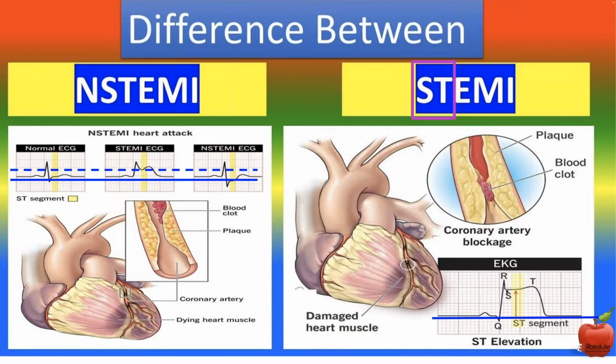And I'm going to tell you, the lower chambers are most significant when it comes to these acute myocardial infarctions. And then you have a T wave over here. This represents the electrical activity of the ventricles as they relax.